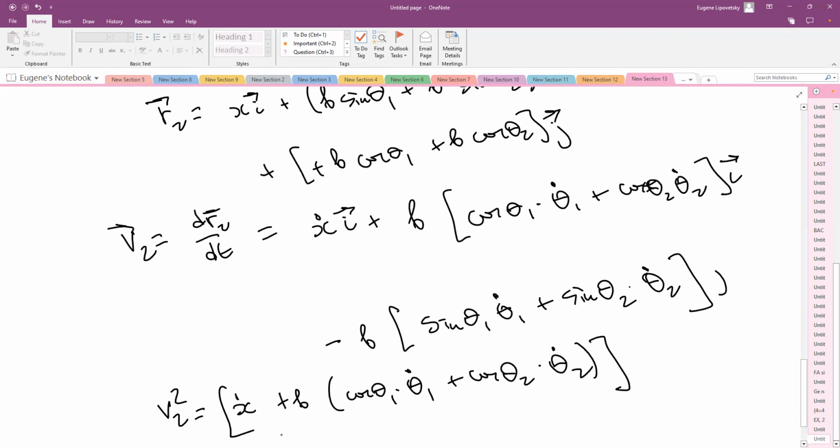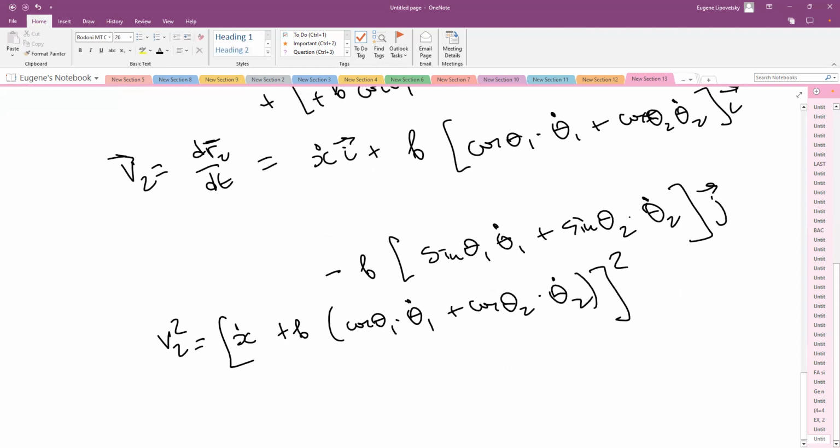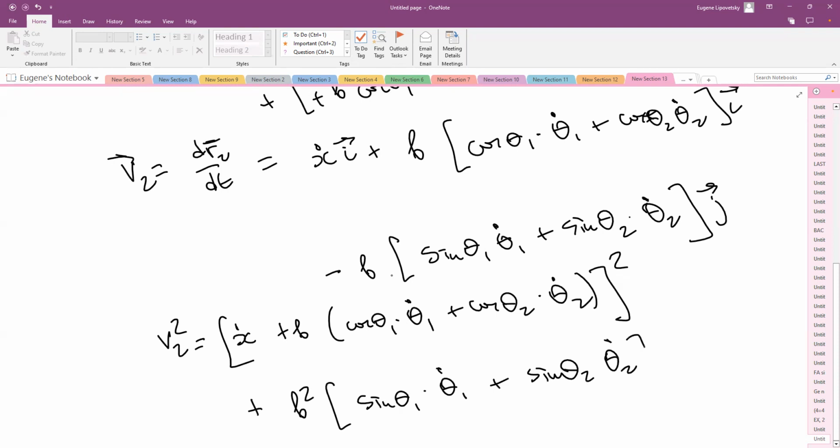By the way, here I forgot to write j, right? Okay. Squared, and plus b squared, and there's going to be sine of theta 1 times theta 1 dot plus sine of theta 2 dot squared.